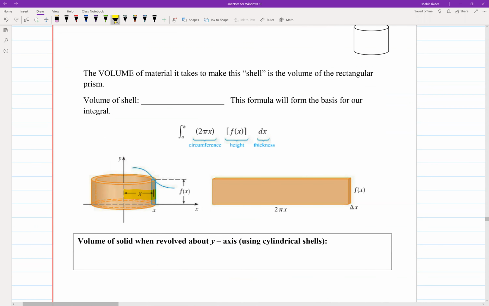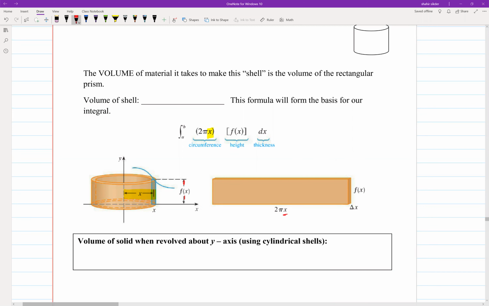So this distance is really an x, right? So that's why it becomes 2 pi. We said our formula was 2 pi the function, now r becomes our x, so that's why it's 2 pi x times the height times dx, the thickness, right? So this guy is really a 2 pi x if you unwrap it.